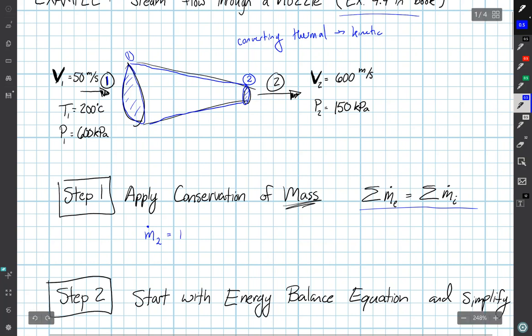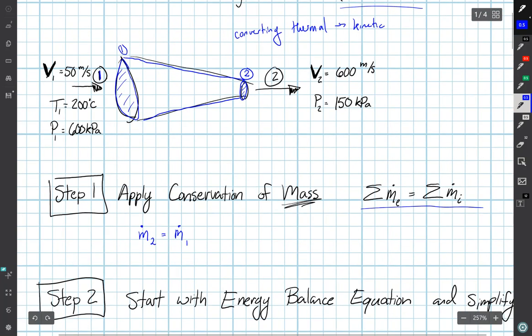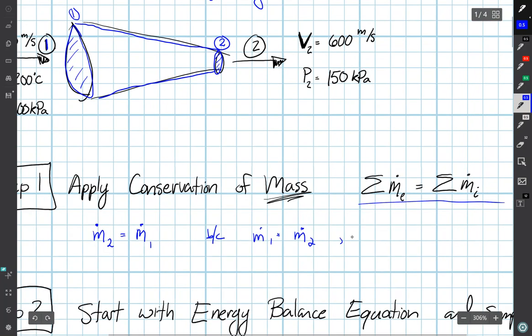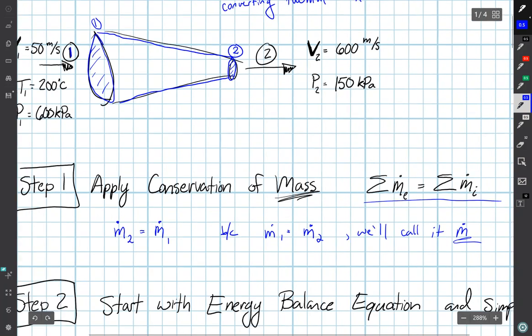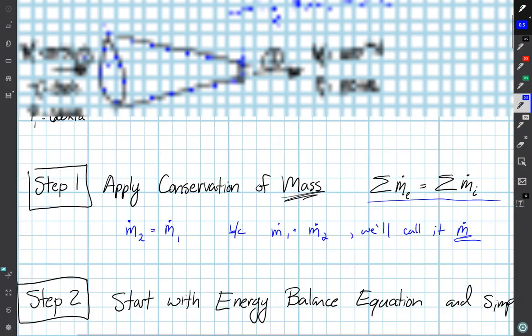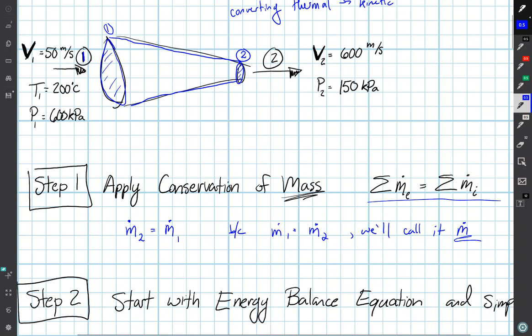Well, we're only coming in at one place, m dot 1. So the mass balance is super easy. Because m dot 1 is equal to m dot 2, for the purposes of this problem, we'll just call it m dot. Again, just for this particular problem, because we only have one inlet and one exit, what comes in must go out.